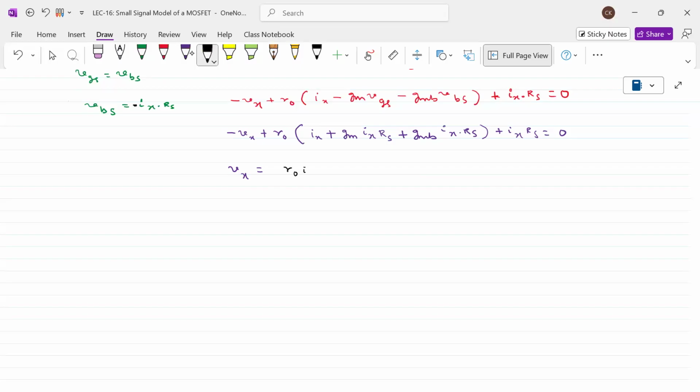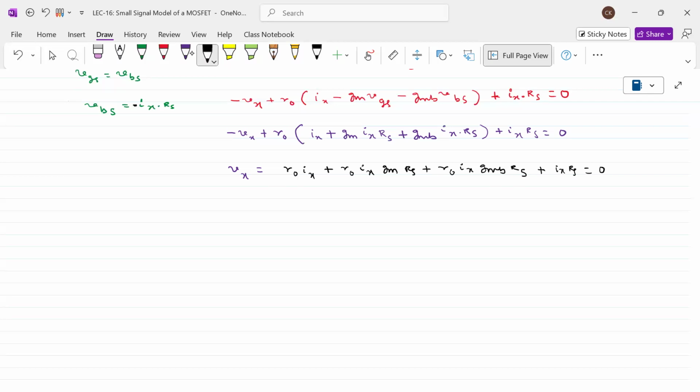R naught into Ix plus R naught into Ix into Gm into Rs plus R naught into Ix into GMB into Rs plus Ix into Rs equal to 0.